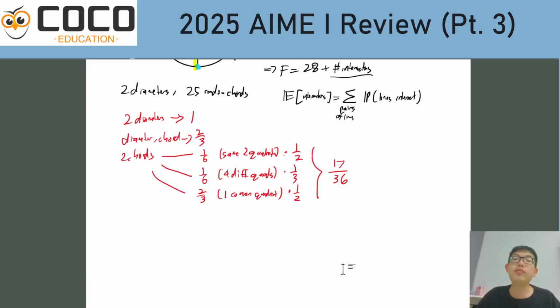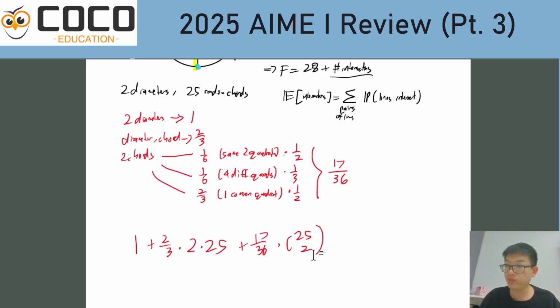Okay, so the expected number of intersections: 1 for the two diameters, plus 2/3 times 2 times 25, plus 17/36 times 25 choose 2. Let's see whether this works out.